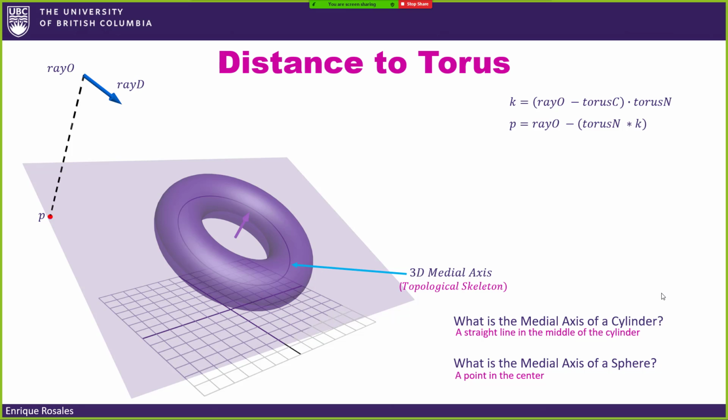This is also very useful for other computer graphics things. In geometry processing, we use the medial axis a lot. Think, for example, about computer graphics animation. I don't know if you know how computer characters are animated.